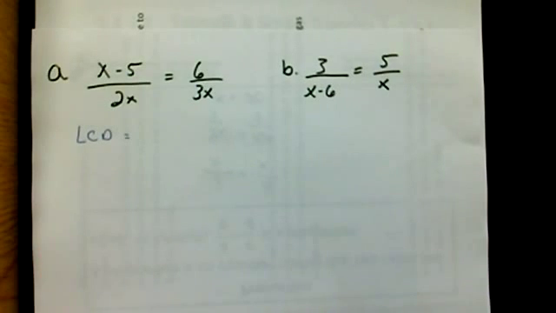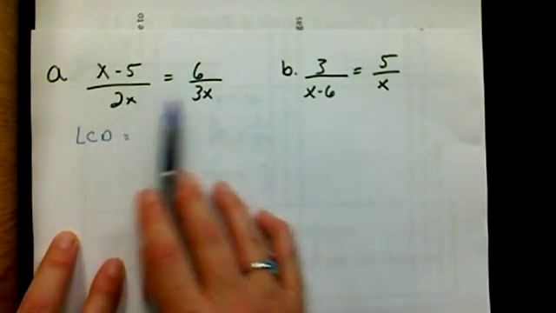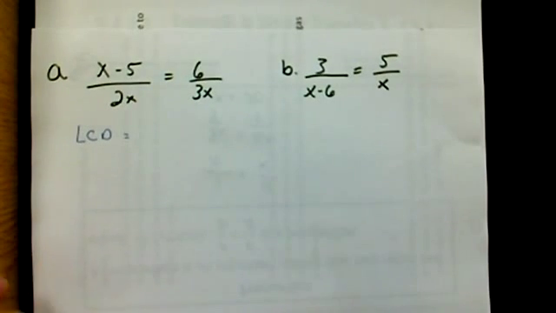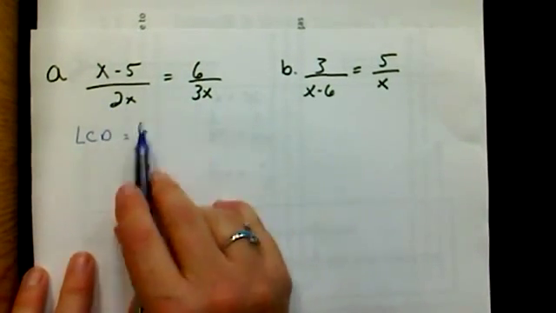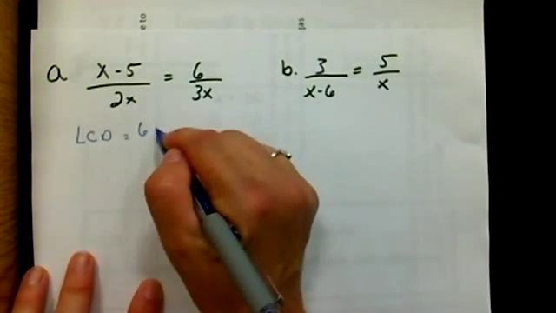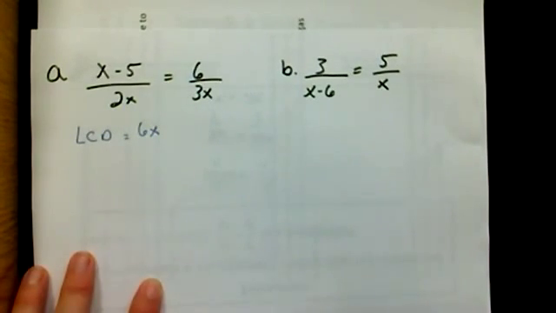We should be good at doing this because we practiced it before. What's my LCD between 2x and 3x? What should it be? Somebody said it, I think. 6x. Yep. 6, because 2 and 3 will go into 6, and x is part of both, so therefore we end up with 6x.